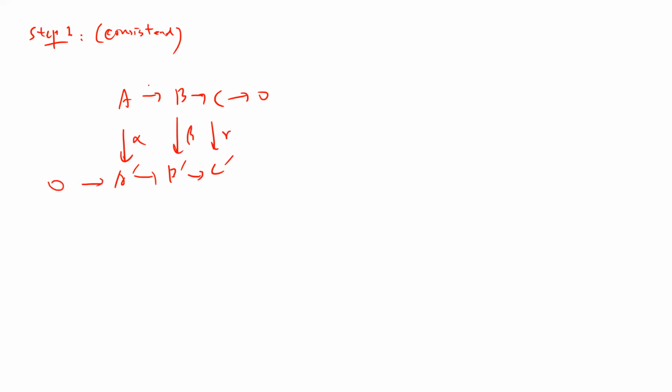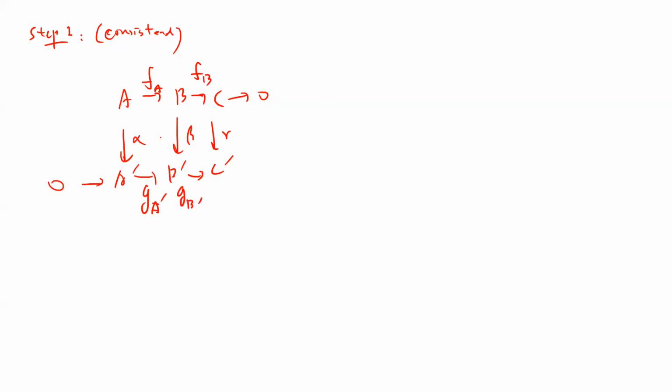My notation is a little bit tricky. I define this as f, this is f_A, this is f_B, this is g_A, g_B prime. So this is called g_A prime, g_B prime.